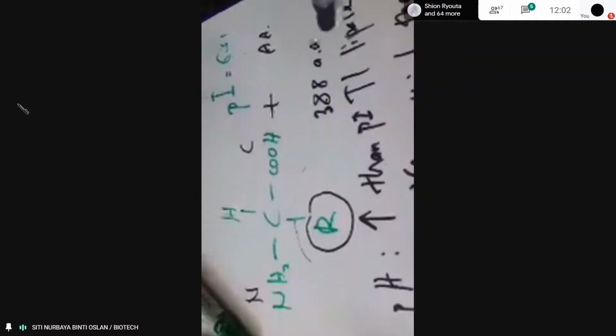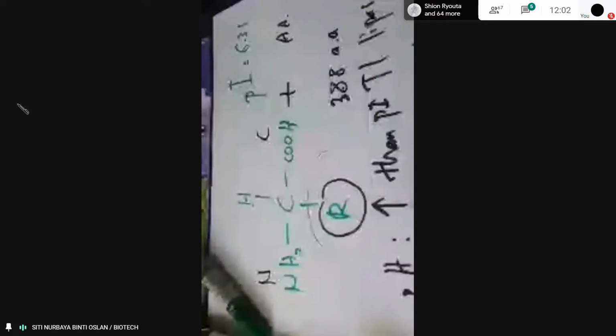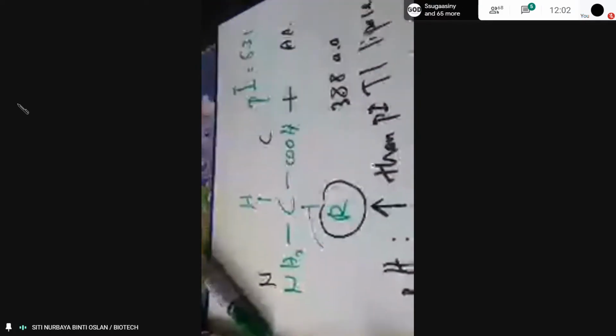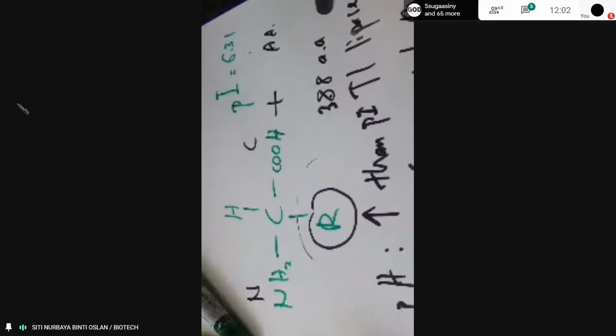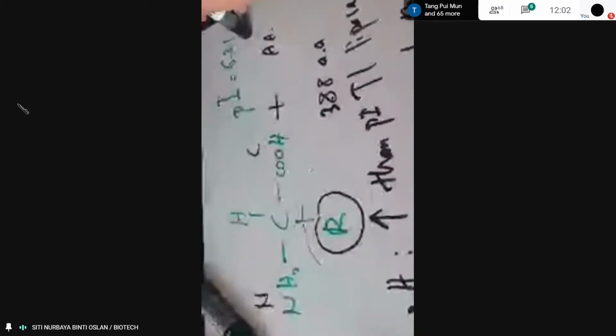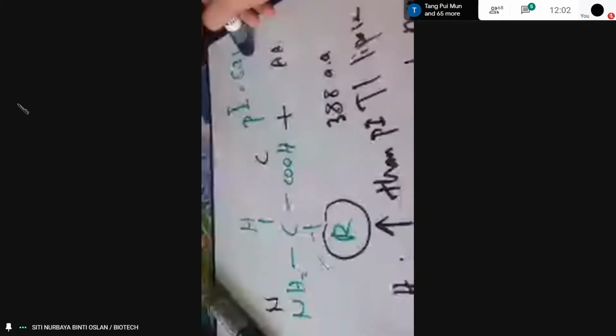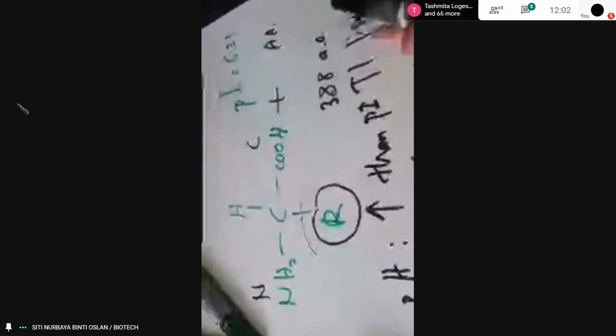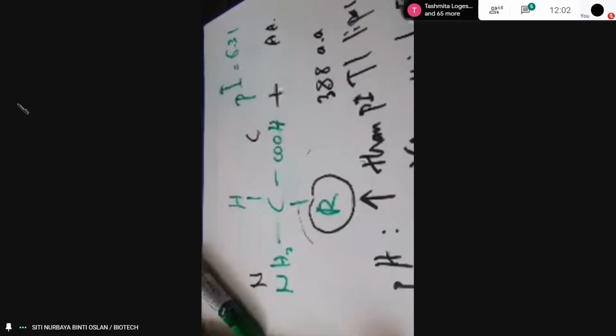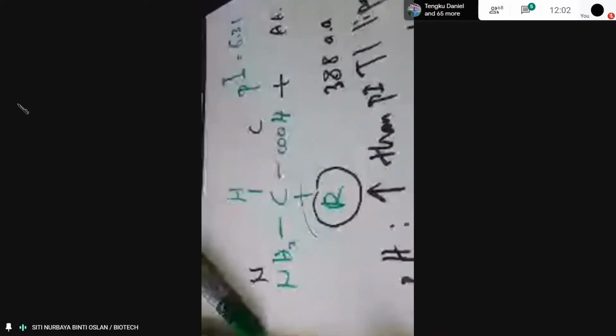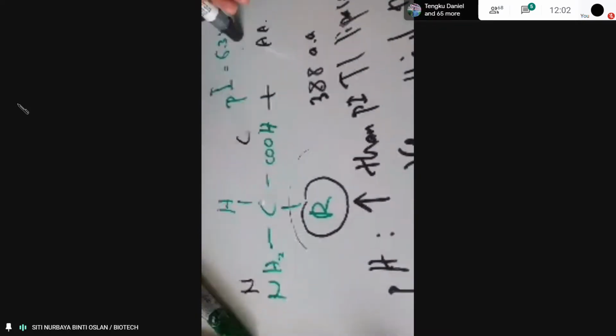So we have the PI of T1 lipase, 6.3. If the buffer we use, for example, glycine sodium hydroxide, is at a pH similar to the PI, the T1 lipase will not be solubilized in that buffer. Okay, so we don't want the buffer similar to the PI.